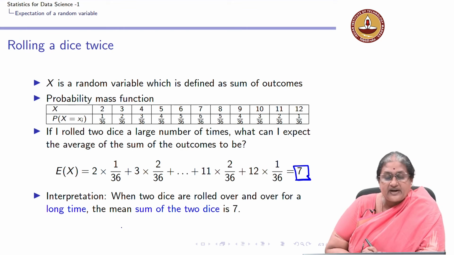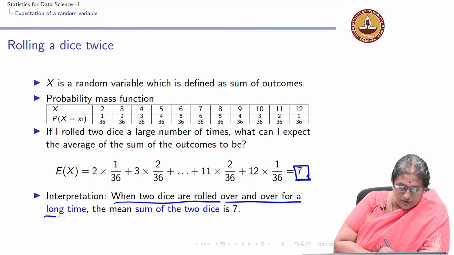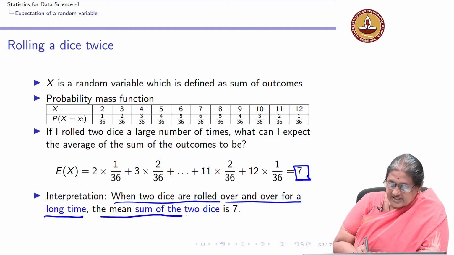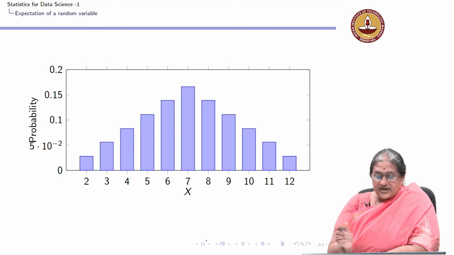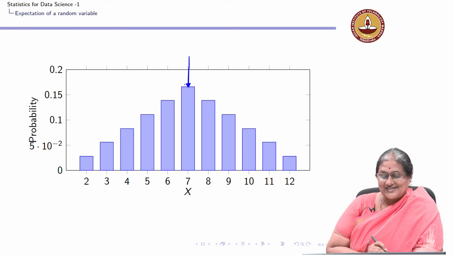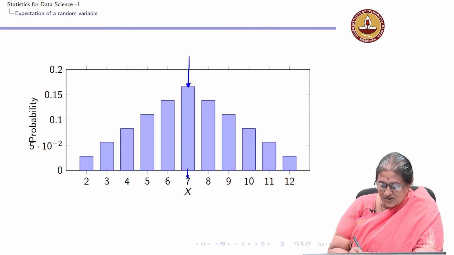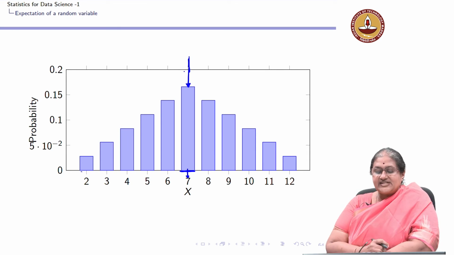So, expected value of x is 7. I can interpret or articulate it by saying that when two dice are rolled over and over again for a long time, then the mean sum is 7. Now, interestingly, if you look at the probability mass function, you see that the distribution was in a sense symmetric around this point 7, and you can imagine this to be a rod with weights hanging, and this point in some sense balances the rod.